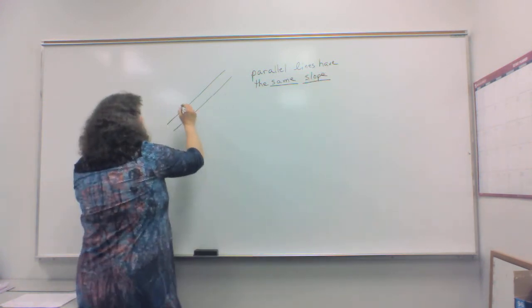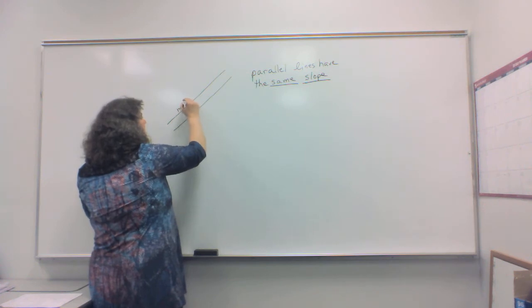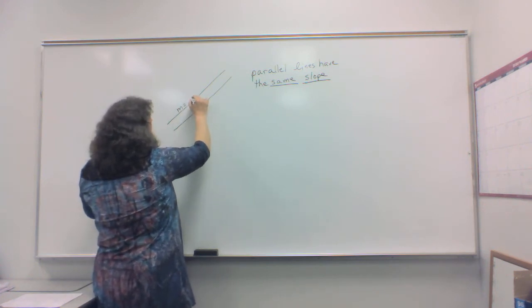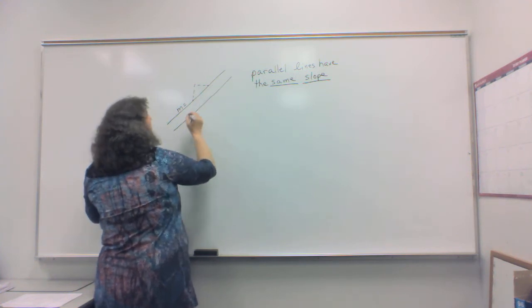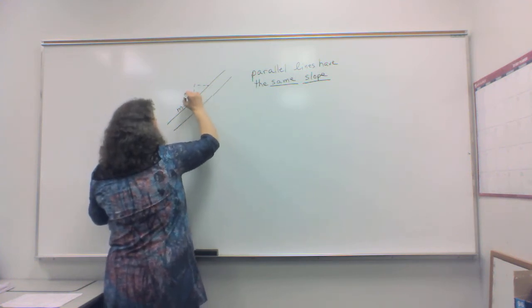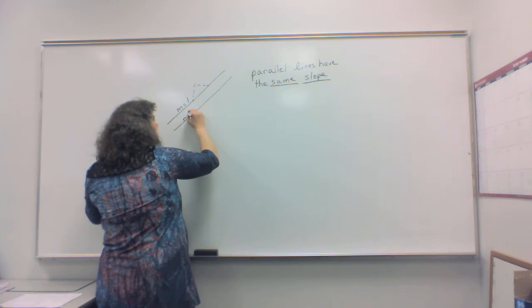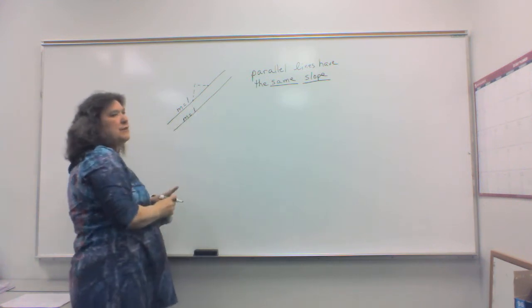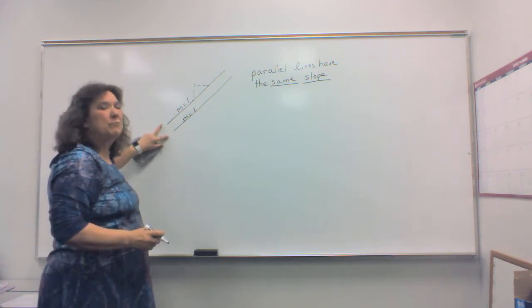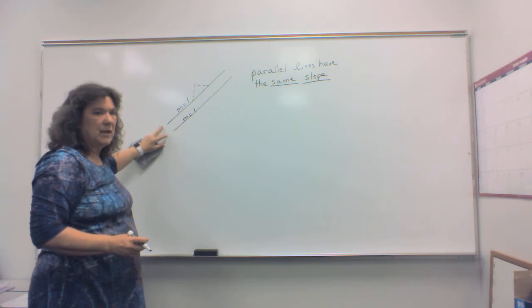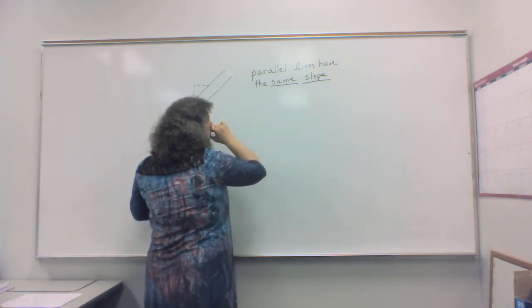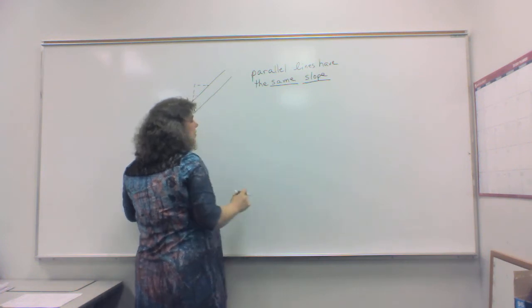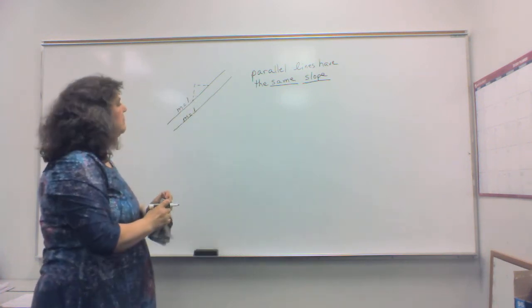So if the slope of this line is, let's see, well, it might be about a 1, and the slope of this line is equal to 1, then that means I have parallel lines. We won't do it with the equation right now. We'll wait for the next lesson for that.